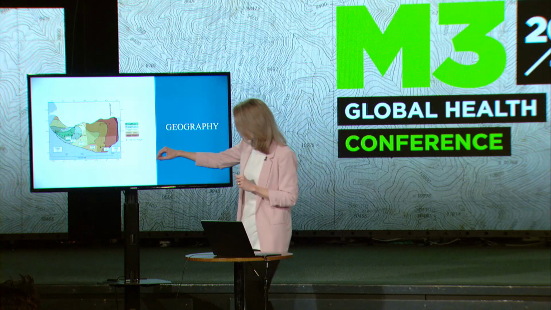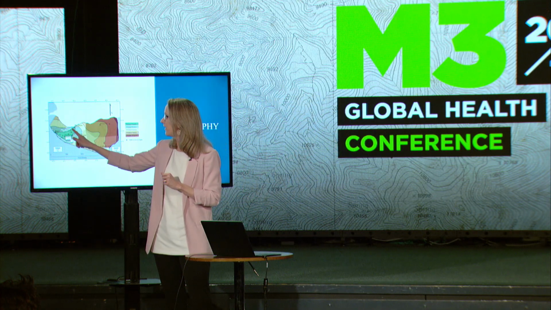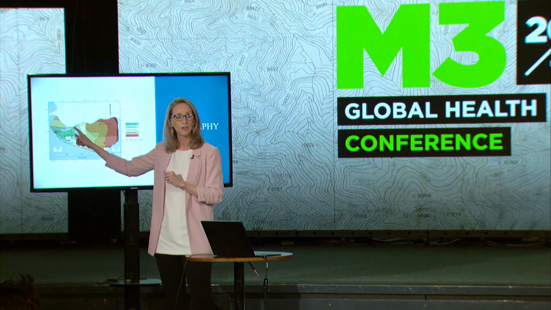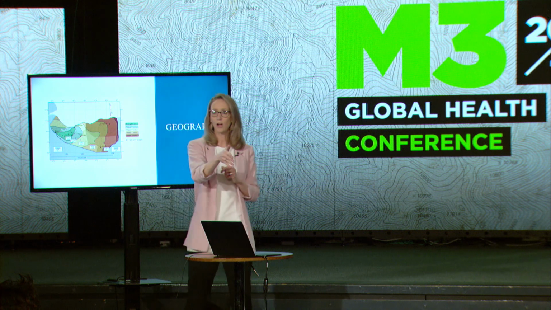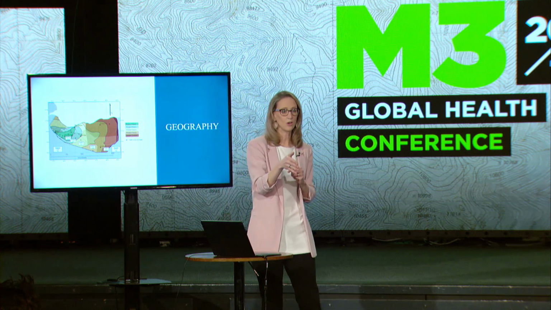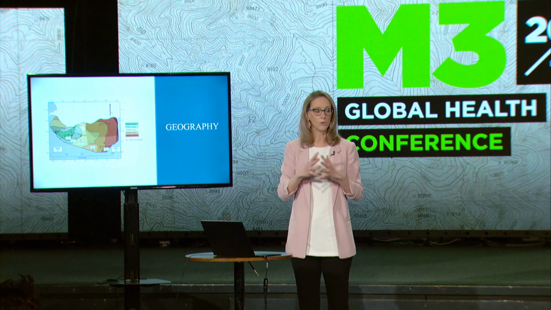I want to show you where Hargeisa is to orient you to the country, the capital city. These green areas say that anybody who lives within that range can get to the hospital in Hargeisa, or those 7 hospitals, within 2 hours, which is our goal. It's the global goal. Anybody else outside of that realm, which you can see all the other different colors, means that it's more than 2 hours to get to the care that they need.